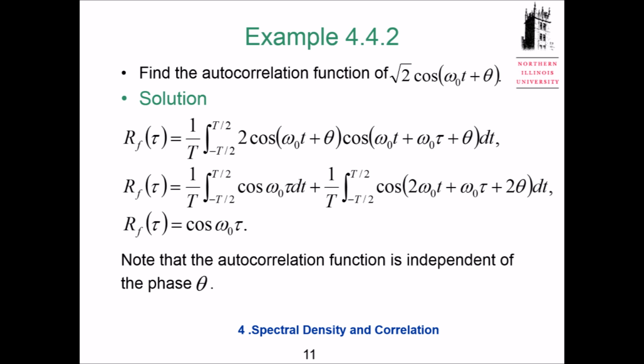The other side, when tau is positive, I shift to the right. And in this case, my overlap will be the new shaded area in red color.